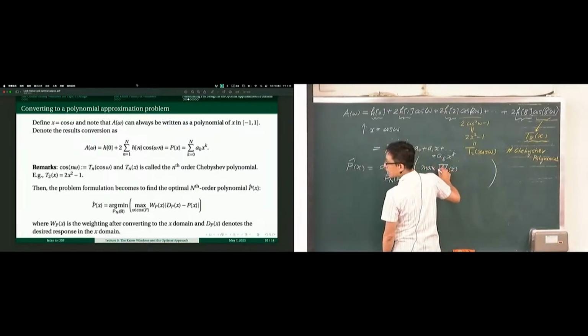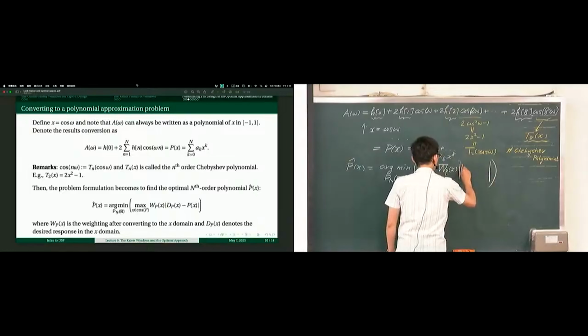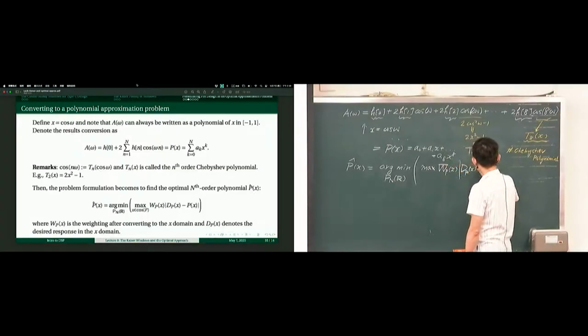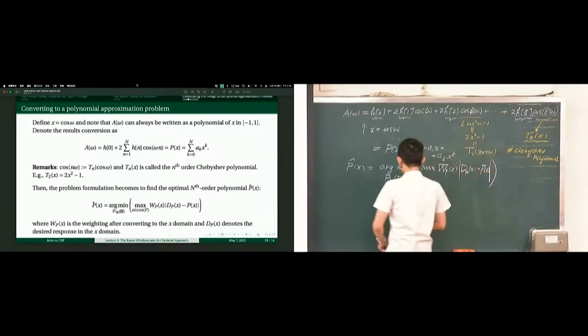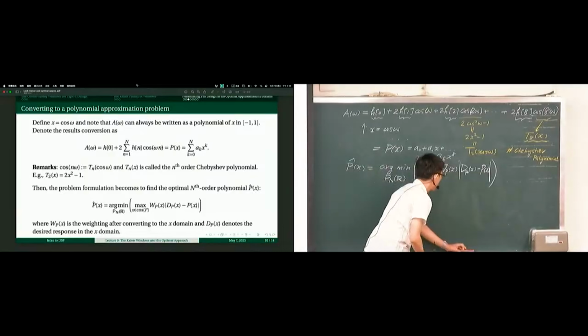And absolute value, your desired response, denoted as dp of x. Minus, this is the argument which shows up right here. Or should I say, I should improve my notation. Let me improve my notation.